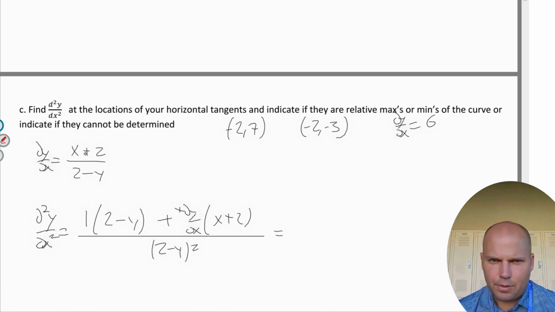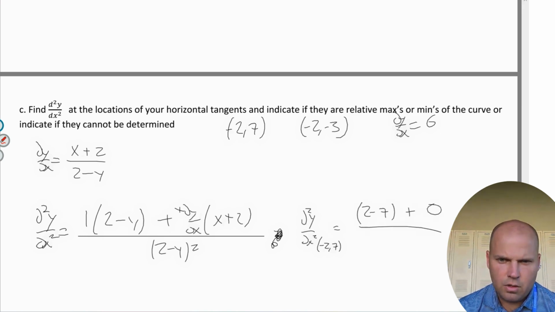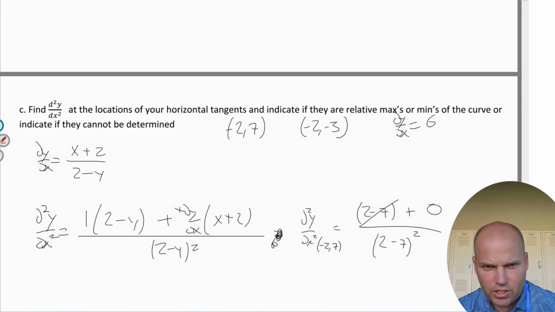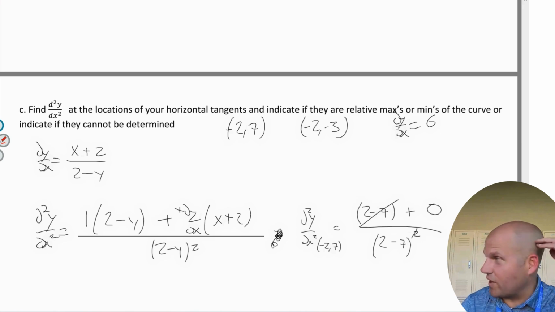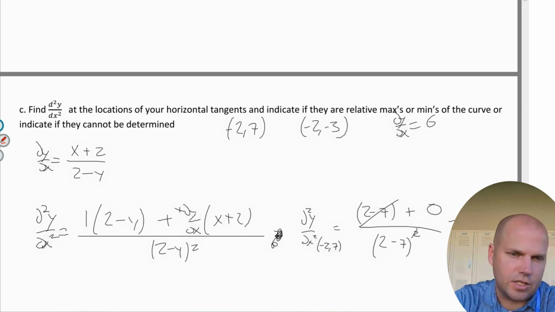So when I plug in, let's do 2 points, negative 2, 7. Second derivative at negative 2, 7 equals 2 minus 7 plus 0 over 2 minus 7 squared. So that's gone, that's gone. Or you could have just figured out it's negative 5 over positive 25, which is negative 1/5.